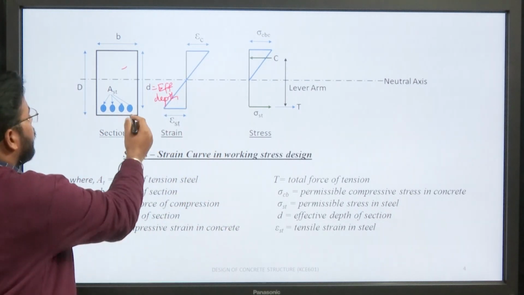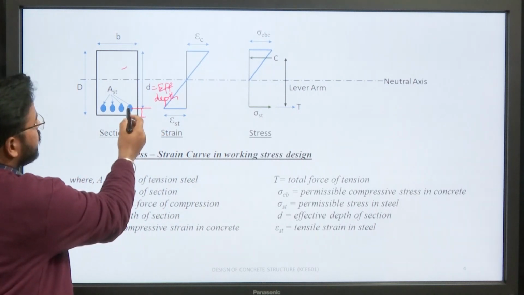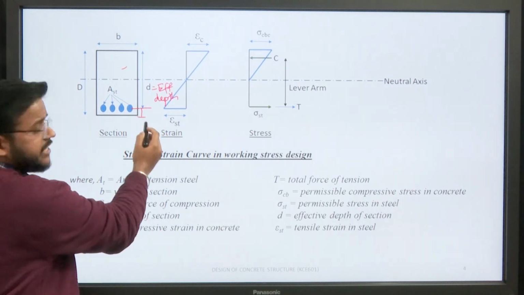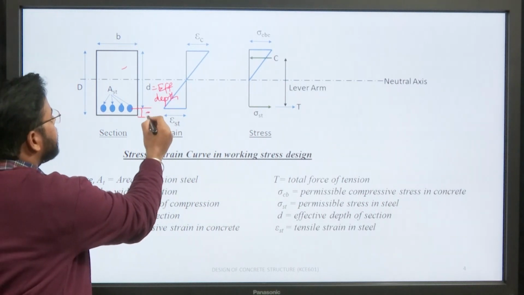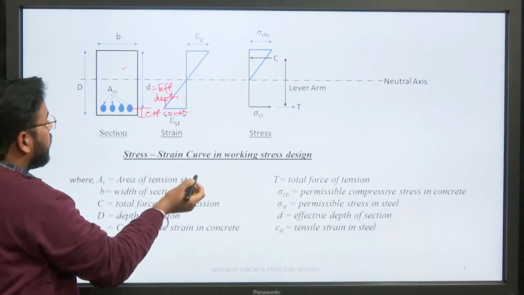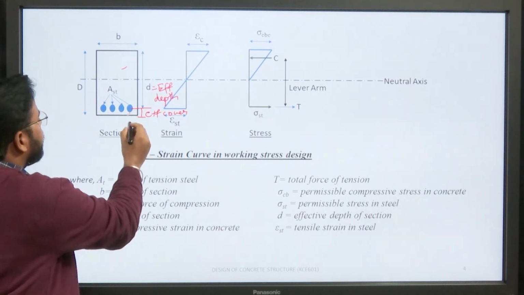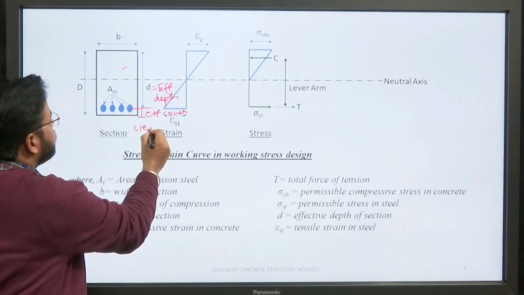The distance from the centroid of the steel to the extreme fiber is known as effective cover, and the distance from the last point of the steel to the extreme fiber is called clear cover.